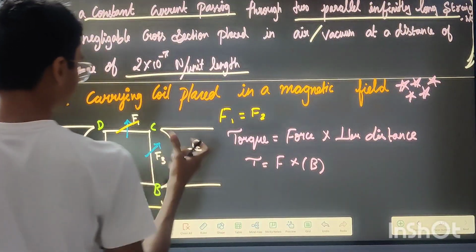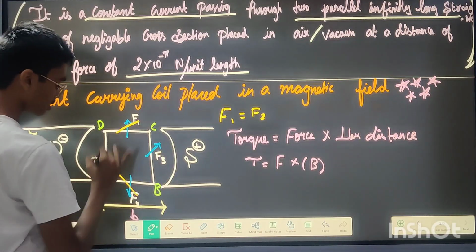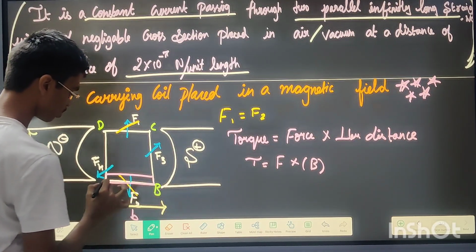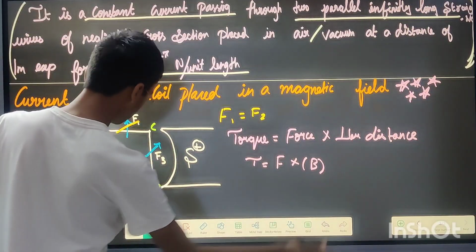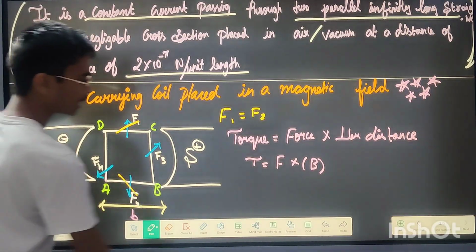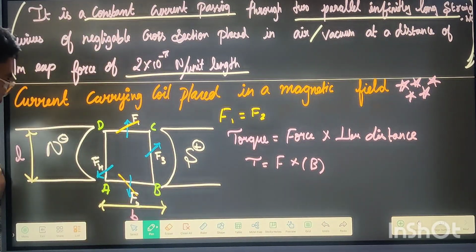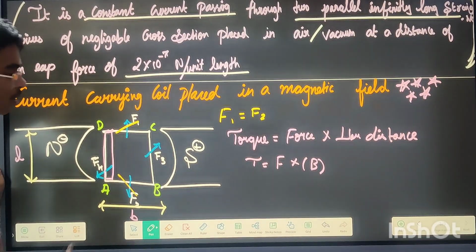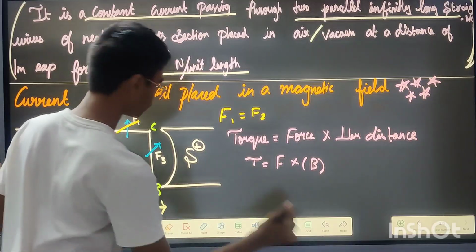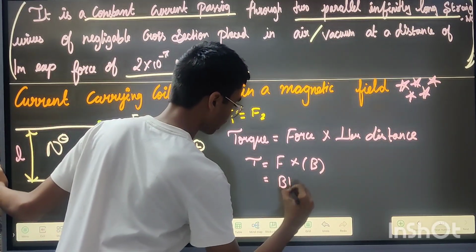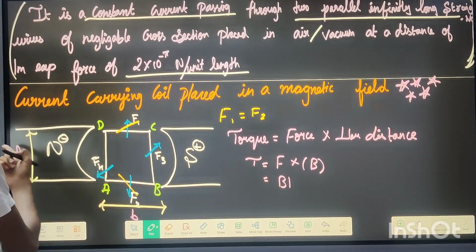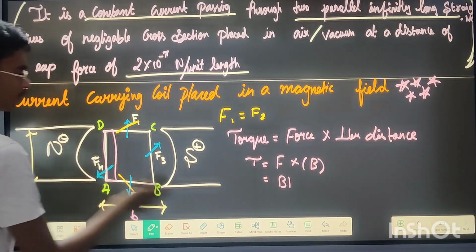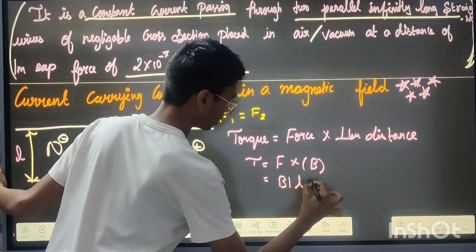Let us take this cross section as a wire. Then what will be the force? Force is equal to BIL, where this length is L. For this cross section, the length is going to be L only.